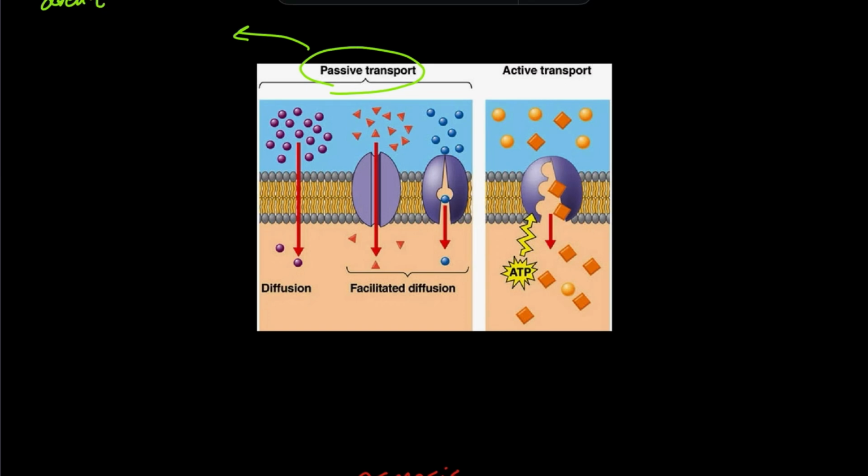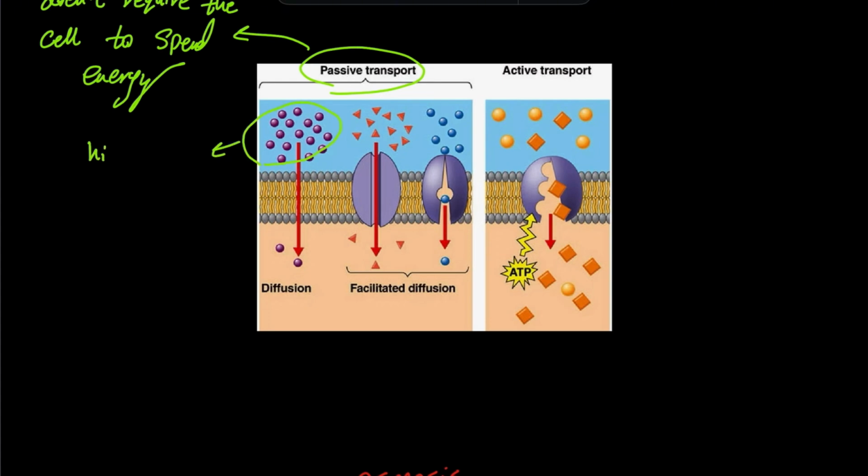Substances move down their concentration gradient, from regions of higher concentration to regions of lower concentration.